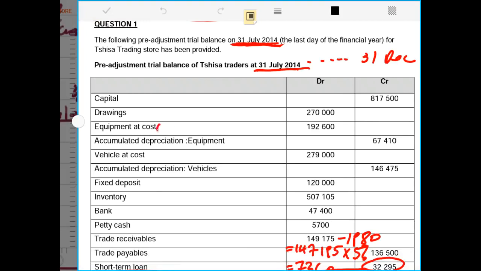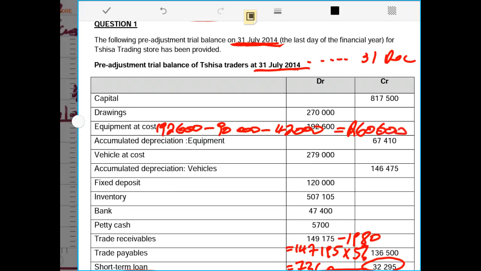We say 192,600 minus the disposed equipment of 90,000 rands and minus 42,000 rands, which is the new equipment, so that we can check if there are any other equipments still left in the business. 192,600 minus 42,000 minus 90,000 rands gives us 60,600.